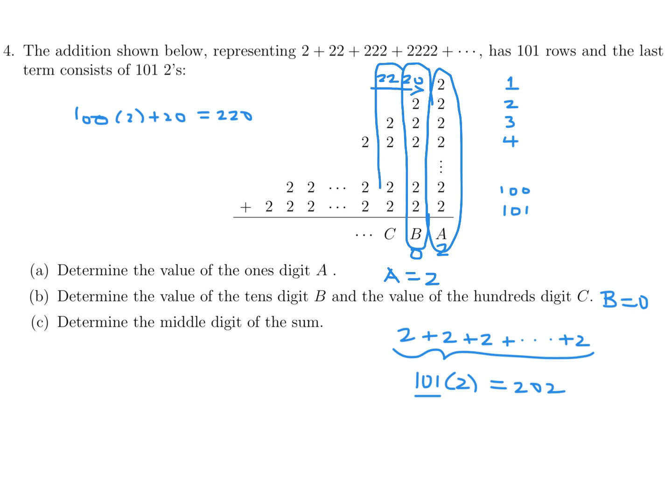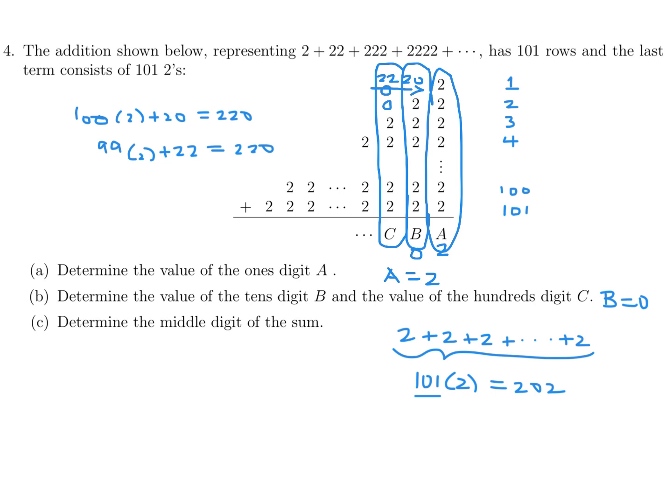And same thing, I guess, here. This time, remember, we don't have a 2 here and we don't have a 2 here, but we have these 2's, and that means there's 99 2's this time. So that means we have 99 times 2 plus that 22 carry. So that's 198 plus 22, which is 220.